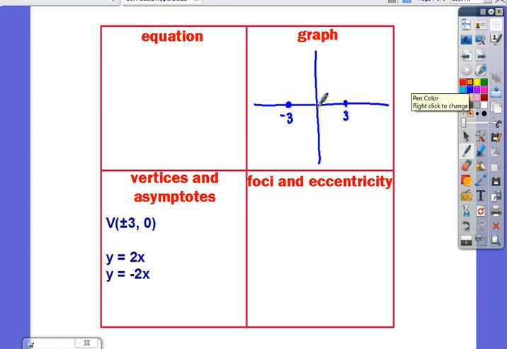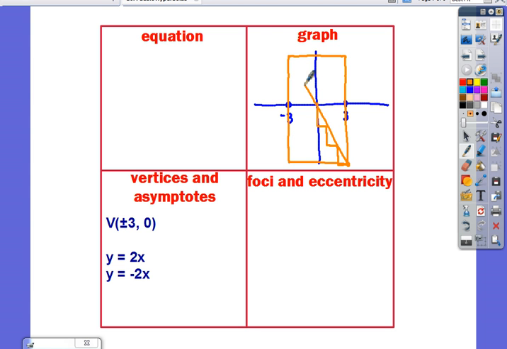So my asymptotes go down 2 over 1, down 2 over 1, down 2 over 1. By the time they get out to 3, they've gone down 2 over 1 thrice. Is anybody with me? I don't know if that made any sense to you. So down 2 over 1, down 2 over 1, down 2 over 1 to get out to the corner to make our box.